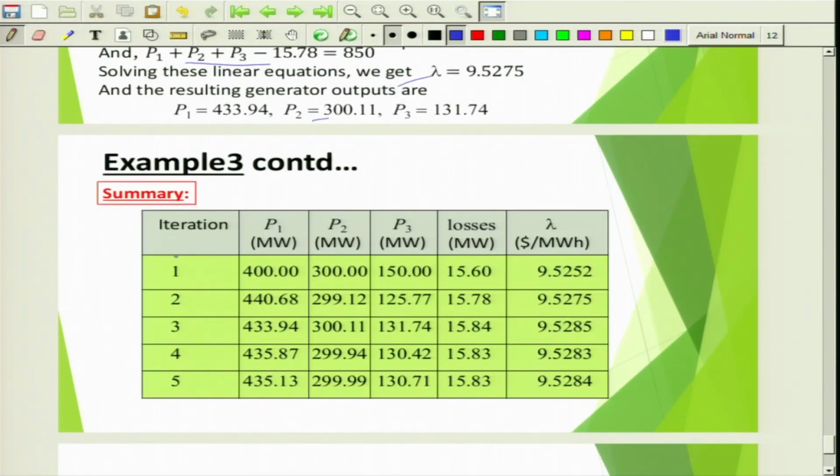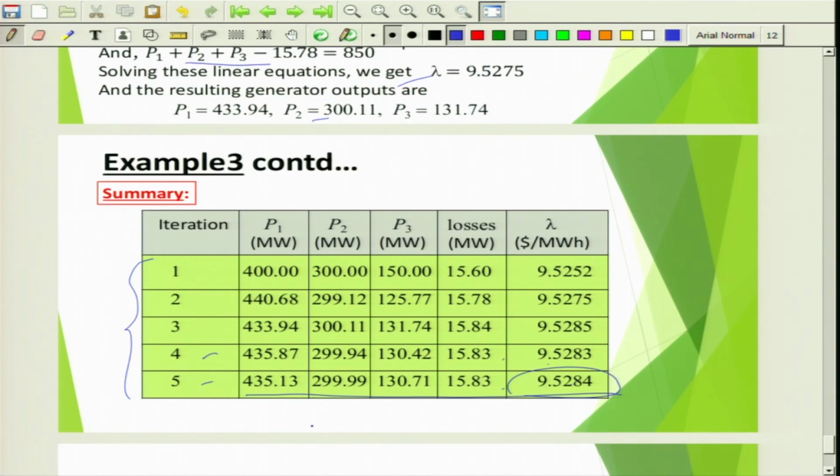Ultimately it will take 5 iterations in this problem to have a possible combination of P1, P2, P3, and the losses. You can see between iteration number 4 and iteration number 5 there is not much difference. It is almost converged. Even lambda has no significant difference, 9.5283 to 9.5284, right?